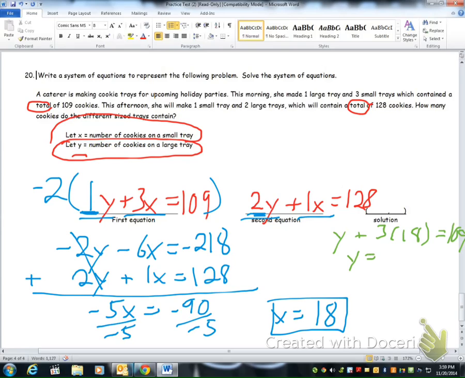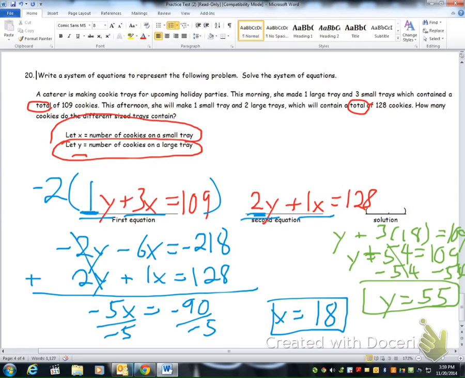So I get y plus 54 equals 109. And then subtract 54 on both sides, and I get y equals 55. So my solution is 18, 55. In other words, 18 cookies on x, the small tray, and 55 on y, the large trays.